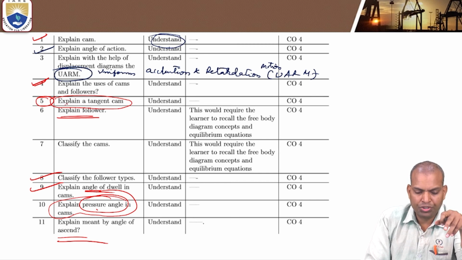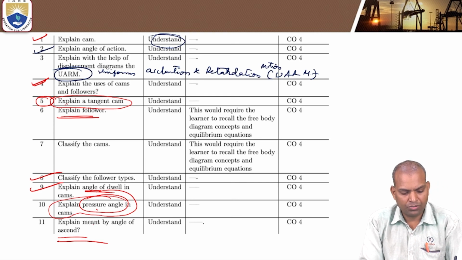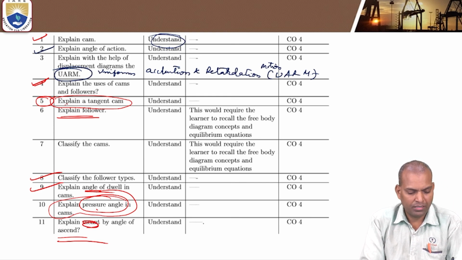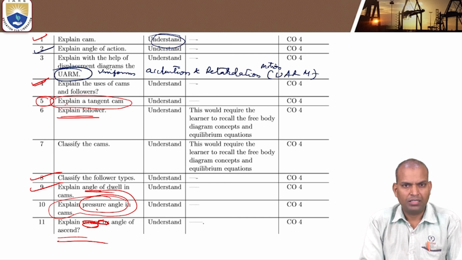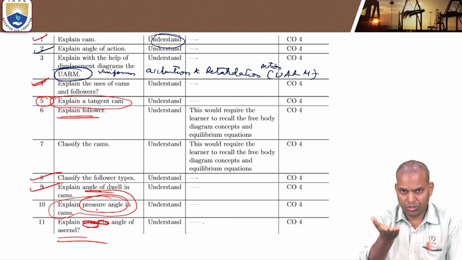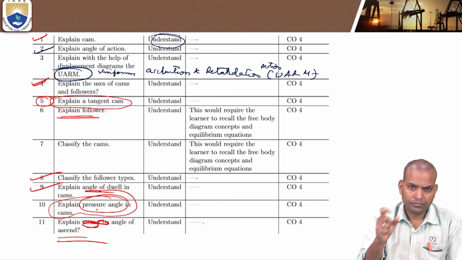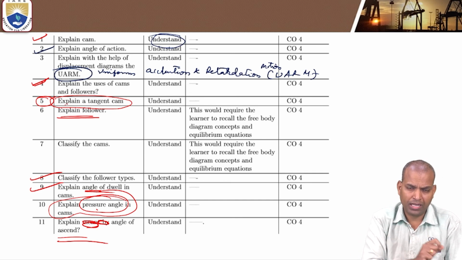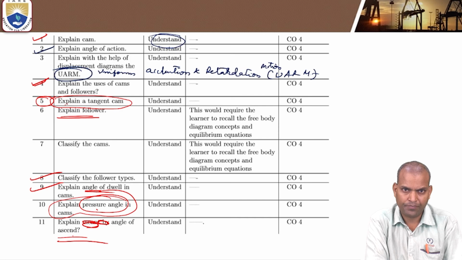Related to that, another question is: what is the angle of descent? For a particular angle of rotation of the cam, the descending motion of the follower takes place. That angle of rotation of the cam is known as the angle of descent.